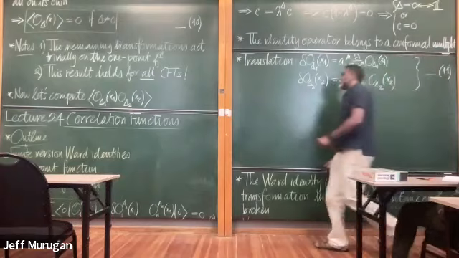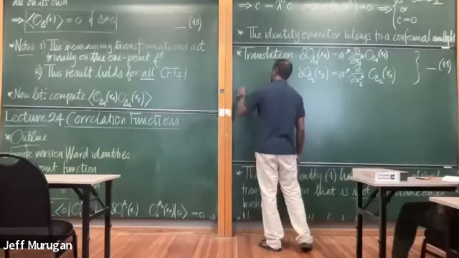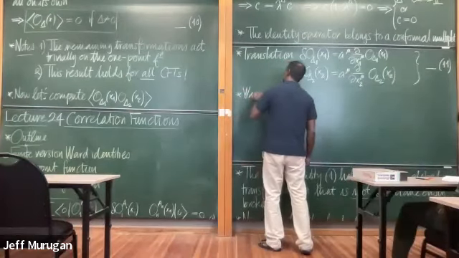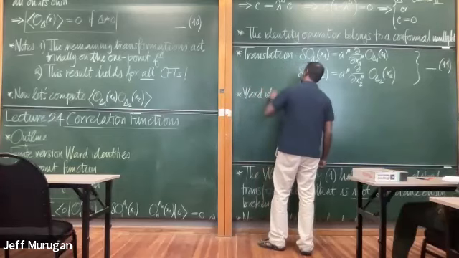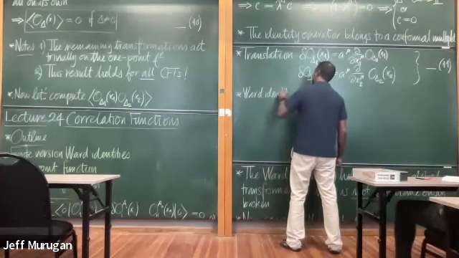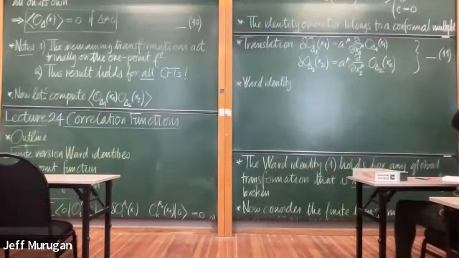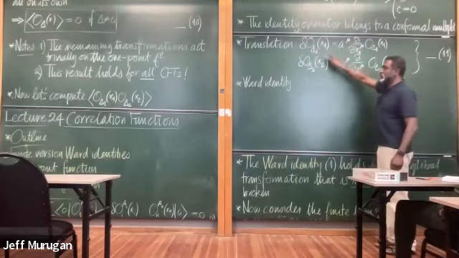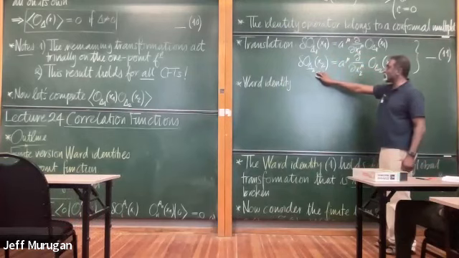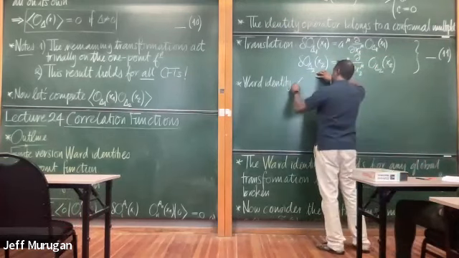The Ward identity reads as follows. Remember, now it's a sum of two 2-point functions. In the first term, I replace O at X1 with delta O at X1. In the second one, I replace O at X2 with delta O at X2. And then I sum these.